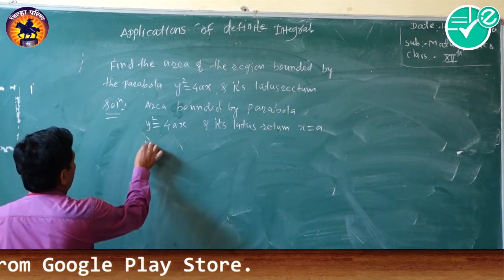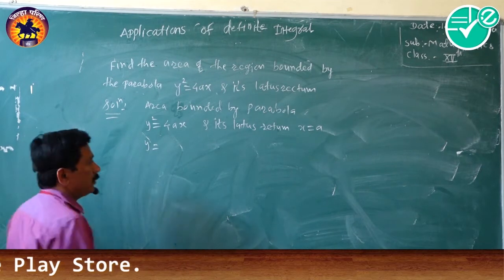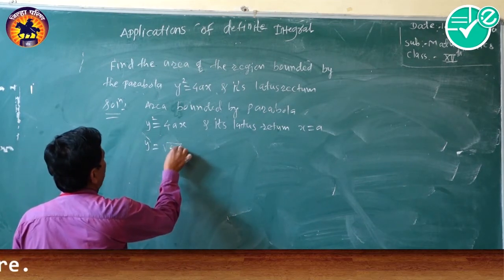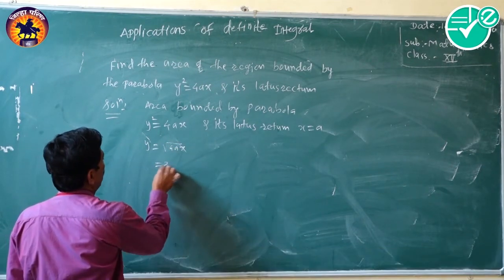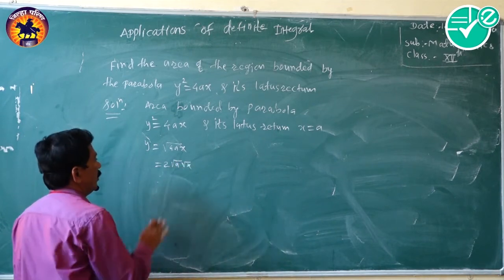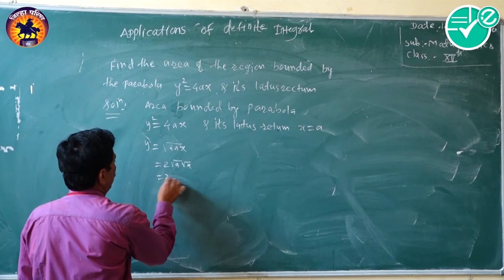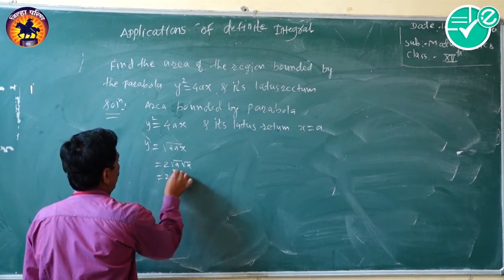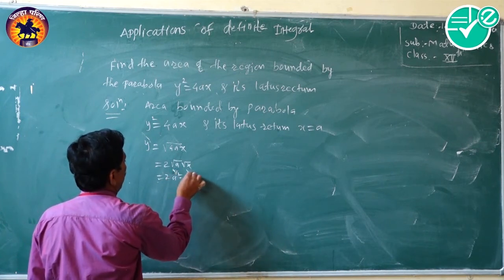Therefore, this can be written as y is equal to under root of 4ax, or this is nothing but 2 under root a root x, or you can write 2a raised to 1 by 2 into x raised to 1 by 2.